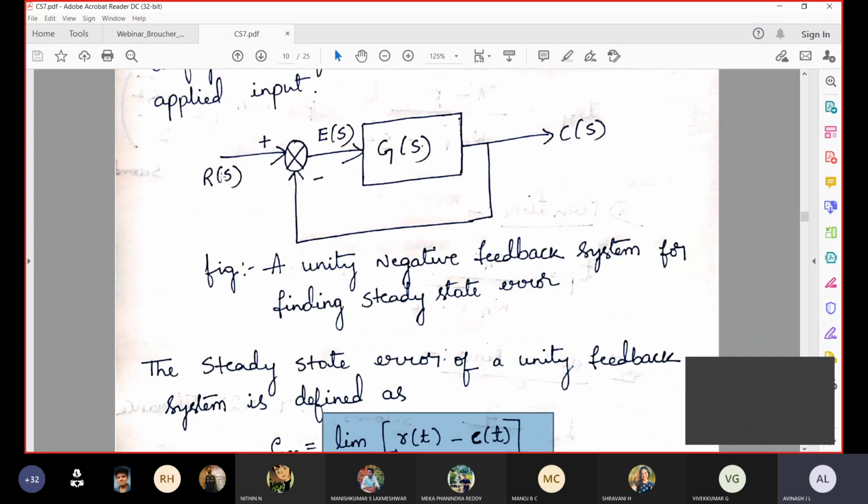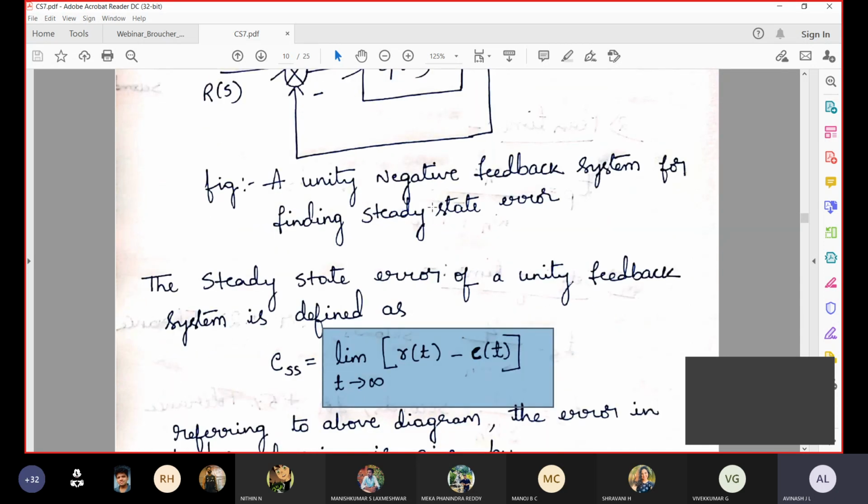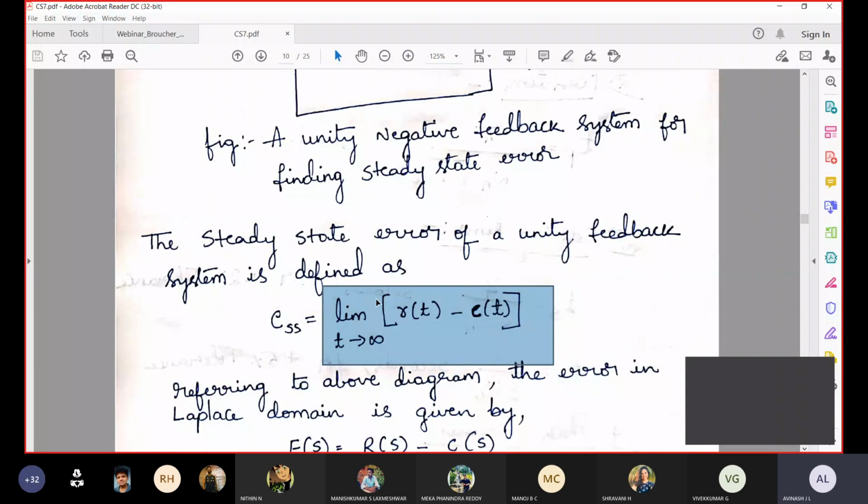In the above equation, instead of R of S we can replace with R of t also. Why? Because in the block diagram R of t is the input and C of t is the output, so in the time domain E of t will be equal to R of t minus C of t. Now we are going to find the steady state error, so up to infinite time we need to get the error value.